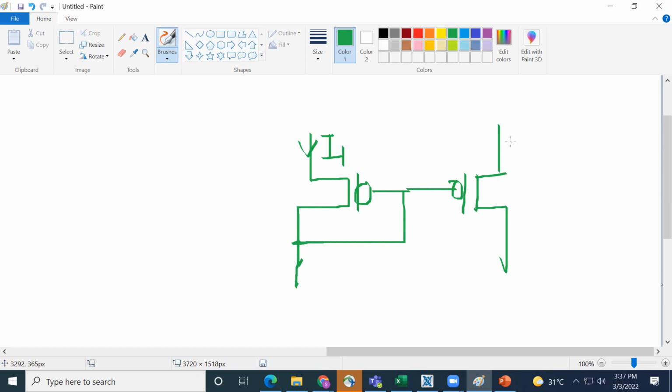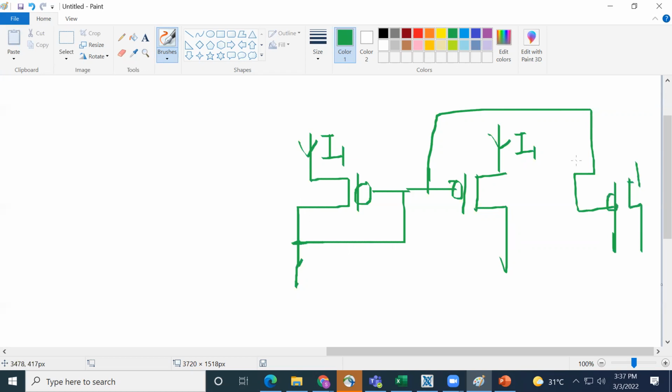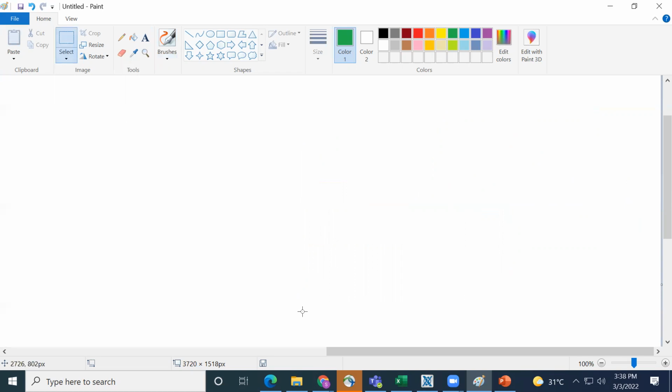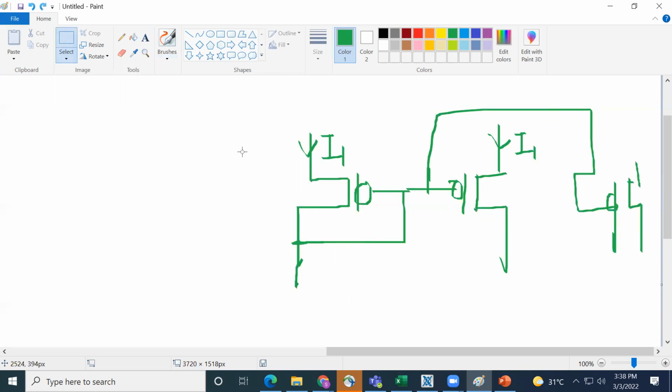Whatever this current is, it will be mirrored. Mirror means here also I1. Understand or in doubt? So all connected. So here also I will connect gate and drain. That is the point you have to remember. Understand the current mirror I kept like this. Okay, let's come to this point.